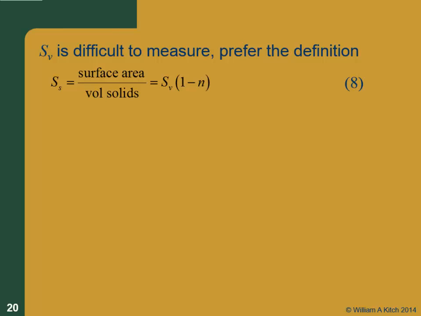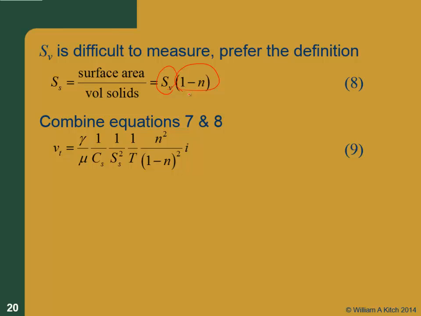So that's actually a much easier number to estimate compared to the surface area per unit volume of the whole soil. Well, if I just take this specific surface for the solids, and I multiply by 1 minus the porosity, that's going to give me SV, the specific surface for the whole volume. So I'd like to make that substitution in there. And then my equation looks like this. Because those are all things that I can measure now.